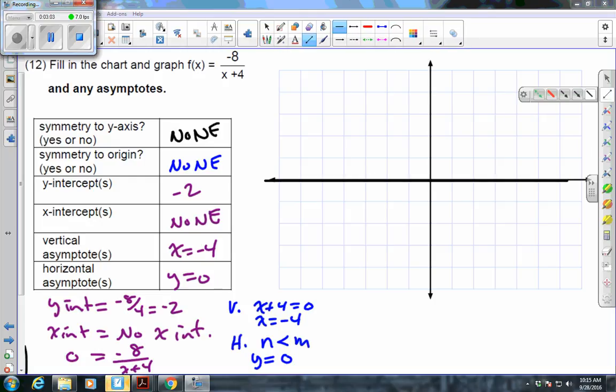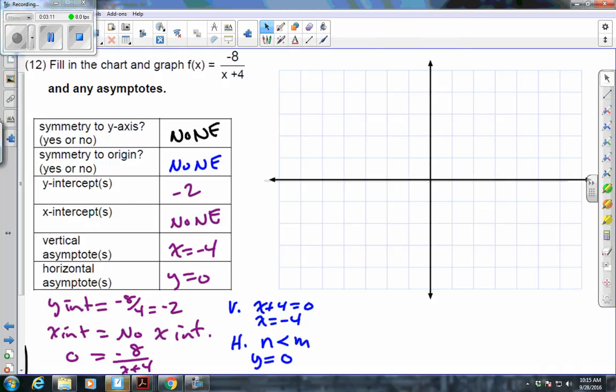There's my y equals 0. Okay, you've got a y-intercept at negative 2.